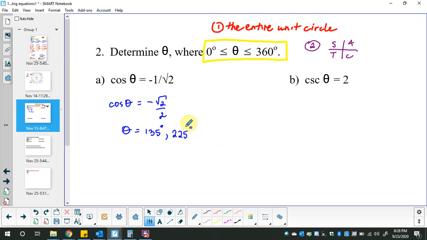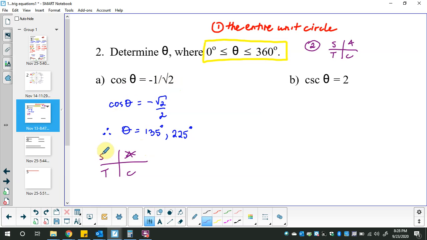Now there's something to be said for these answers, and it's because if I dig out the CAST rule, and I think about what these letters mean, and we went over it in one of the last lessons from the last unit, this means all are positive. This is a negative ratio, so not there.